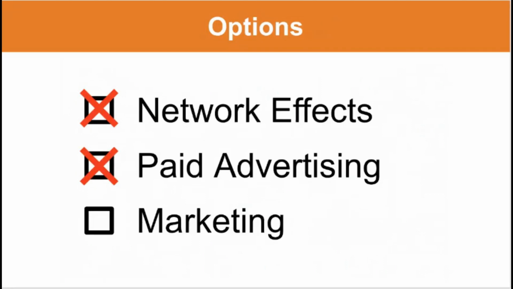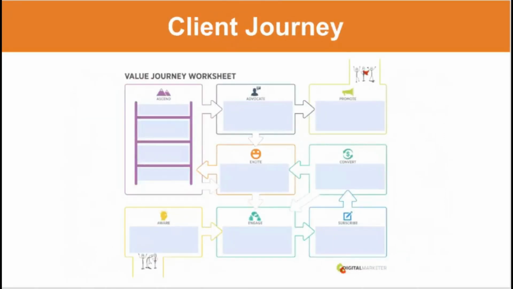So what about marketing? Well, we went through the client journey from awareness to engagement, to subscribing, to conversion, to excitement, which is building trust, to the ascension of that value ladder and upselling, to advocating, promotion.